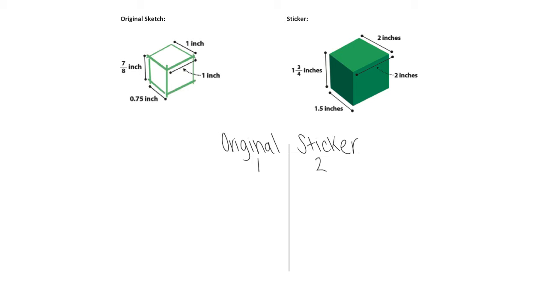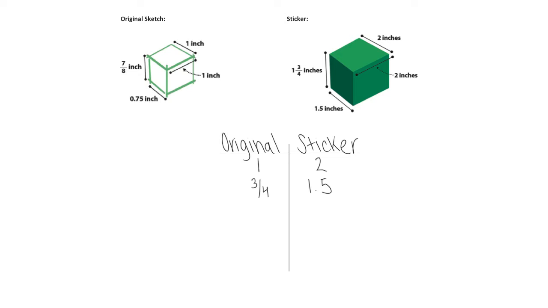The next length I'm going to look at is the one that says 0.75. Now, it would be easy for us to turn this into a fraction. So let's go ahead and put 3/4. The measurement on the other side that we're looking at would be down here, 1.5. So we're going to put that on the sticker side.